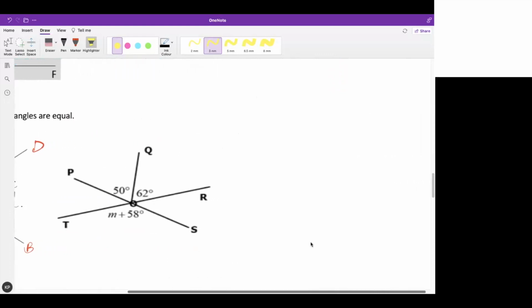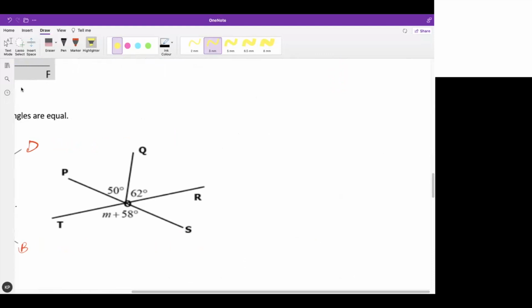Oh, okay. So you're going to add m plus 58 degrees plus 50 degrees plus 62 degrees equals 360 degrees. Ooh, but reason. Kwezi, look here. We still have two angles that we don't know.